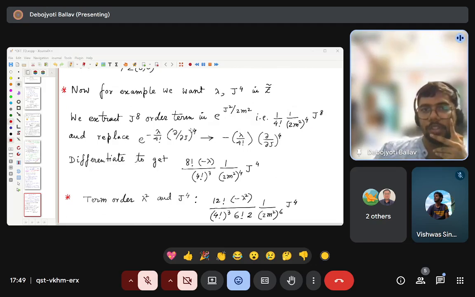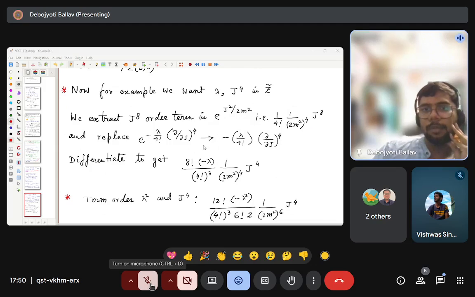So there are two exponentials. You have to pick terms as you want. There are infinite terms, and you want a term which has lambda square order and a j to the 4. So at which order will you calculate? You just extract from this e to the j square by 2m square.